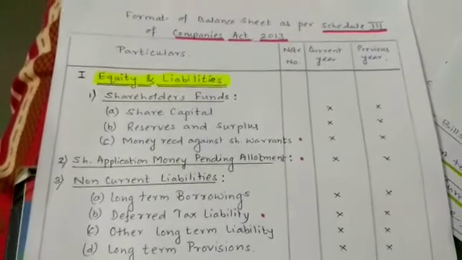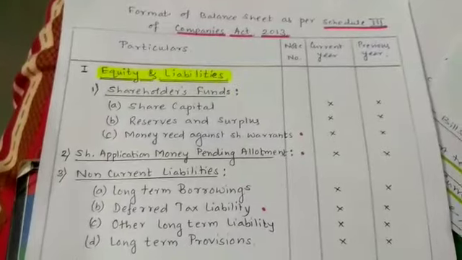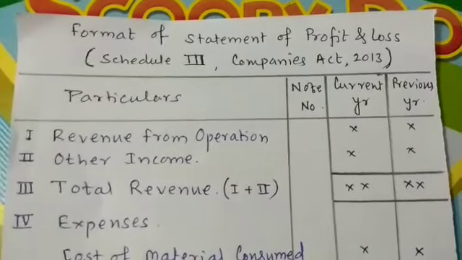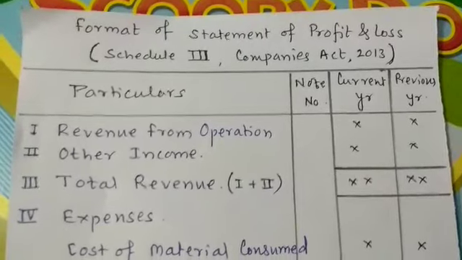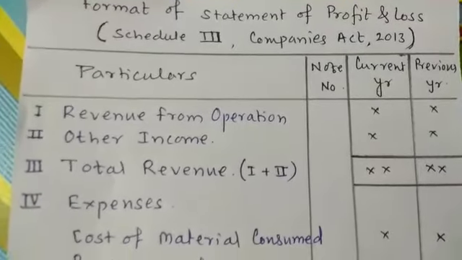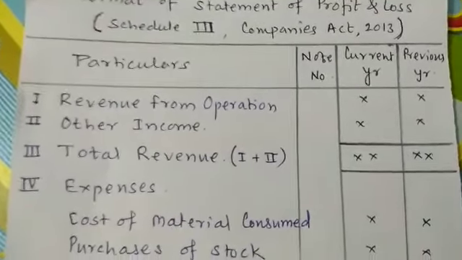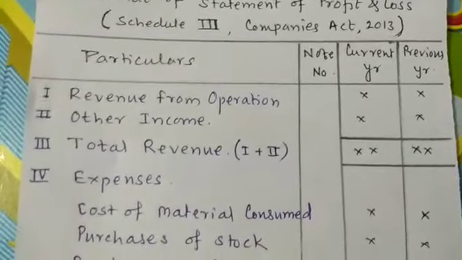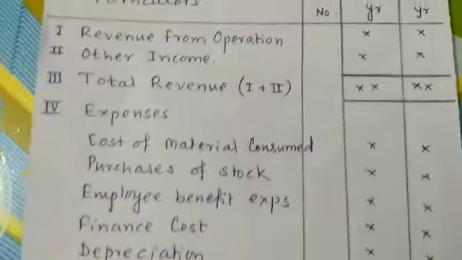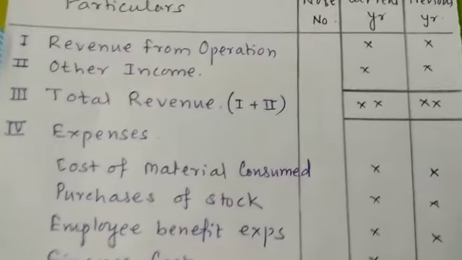Now let's move towards the profit and loss statement. Under the same schedule of Companies Act 2013, that is Schedule 3, the format of profit and loss is mentioned. Profit and loss is also in the vertical format. It has a few titles. The upper part is of income and the lower part is of expenses. Incomes are classified into two parts.